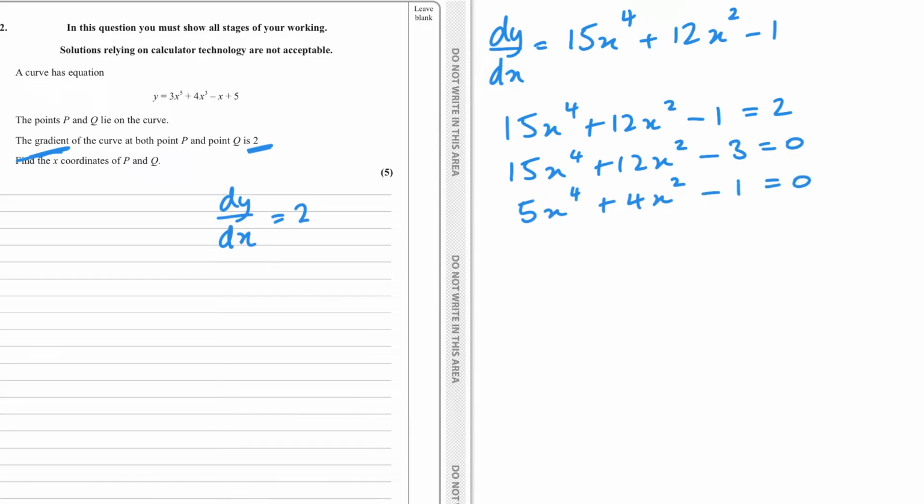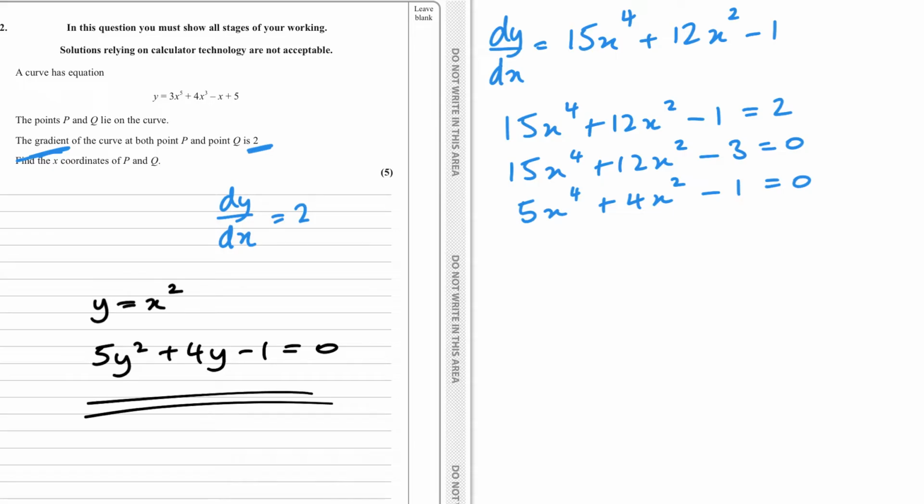And now it's essentially like dealing with a quadratic. If you think that, say, y was x squared, you'd be dealing with 5y squared plus 4y minus 1 equals 0.